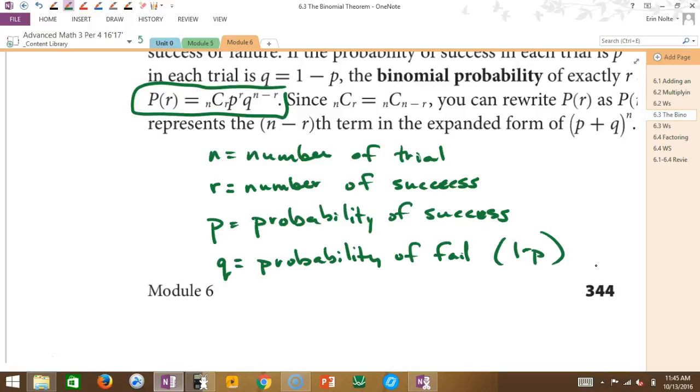Because 1 is representative of 100%. 100% would be a perfect outcome. So probabilities only exist between 0% and 100%. So if I don't say the word percent, then that is between 0 and 1.